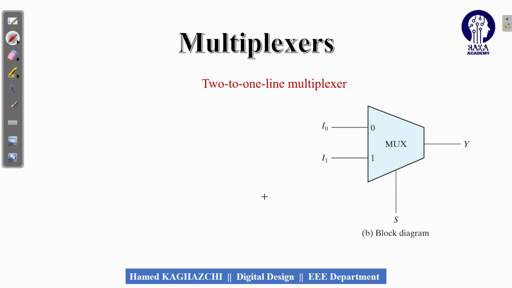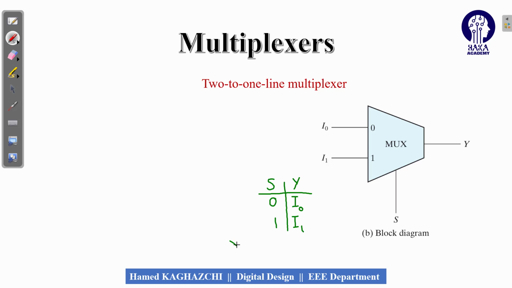Now, if I want to write the table for this multiplexer, and suppose that this is the control line and this is the output, I say that when S is equal to 0, output will be equal to I0, and when S is equal to 1, output will be equal to I1.